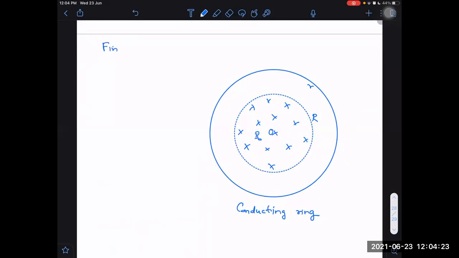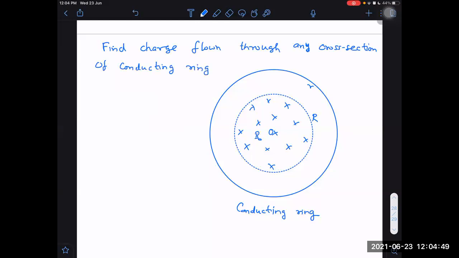Then it will carry a current. Find the charge flown through any cross section, integral I dt, of the conducting ring on switching off the magnetic field. We can switch on also, you know.